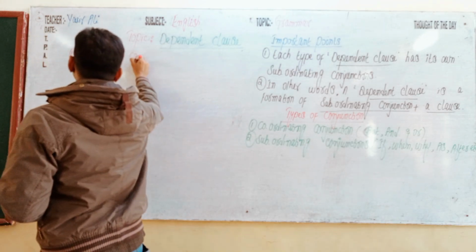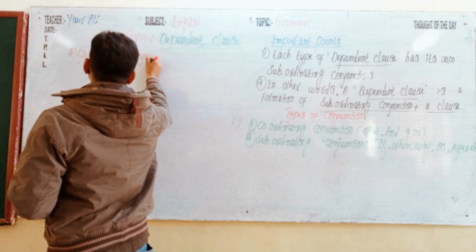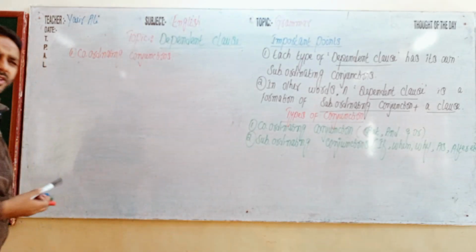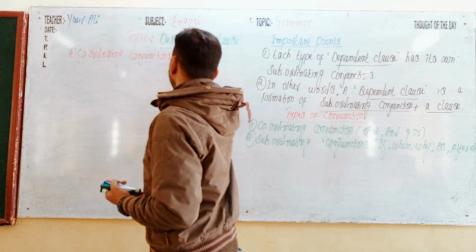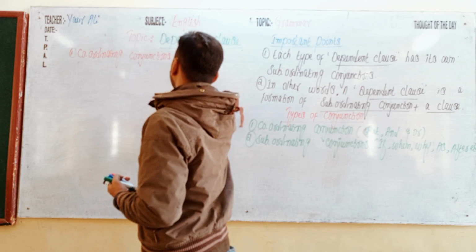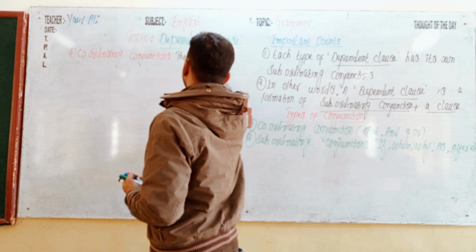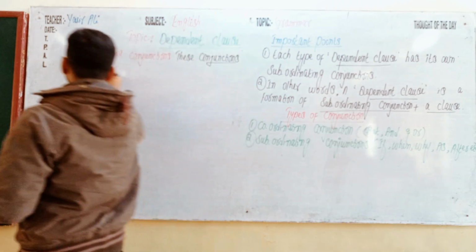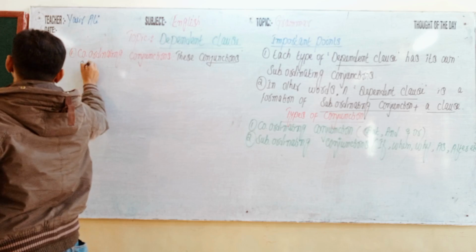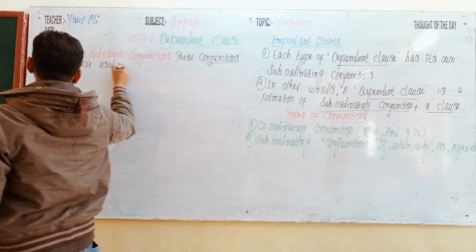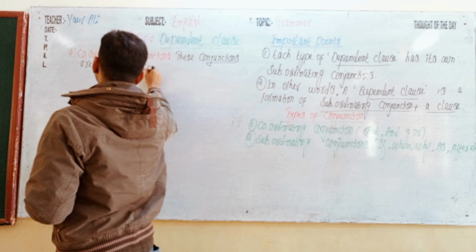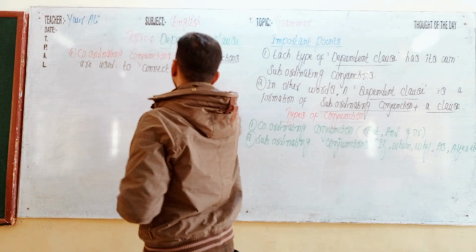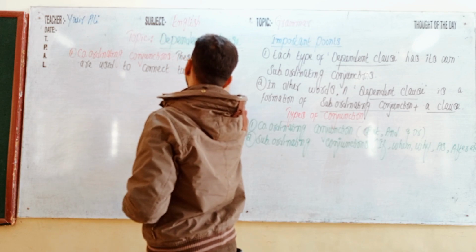So let's come. First of all, I'm going to discuss the very first type, and that is number one, coordinating conjunctions. I will write a very easy and basic definition. These conjunctions are used to connect two equals.